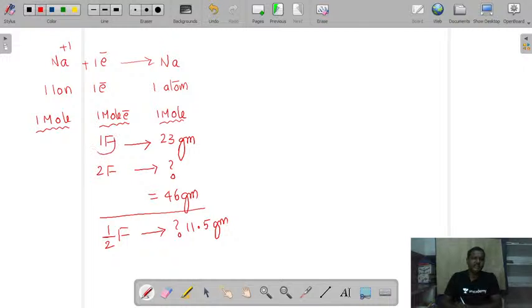Therefore, what is the relation between quantity of current and weight? Both are directly proportional to each other. As the quantity of current involved in the process increases, the weight of the substance deposited at a cathode also increases. As the quantity of current decreases, the weight of substance deposited also decreases.